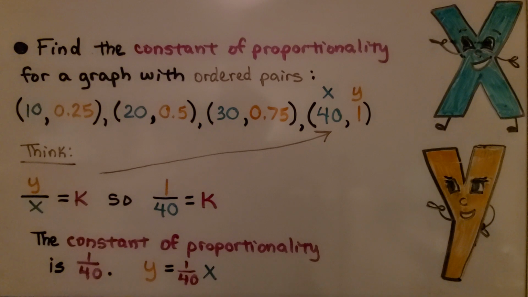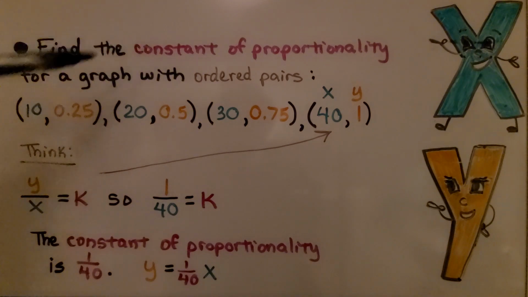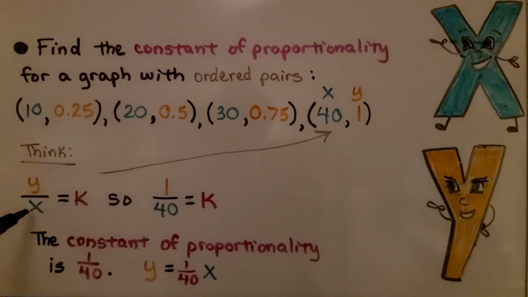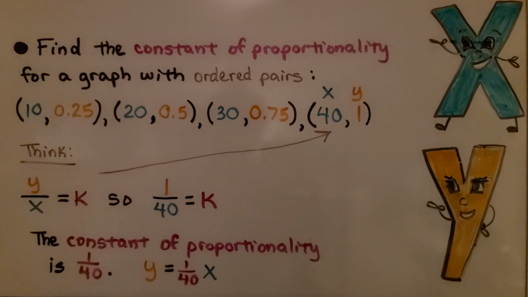So we think we can use y divided by x is equal to k. That is going to solve for k to help us find the constant of proportionality. So we can write 1 over 40 as y over x. We know 1/40th is equal to k. The constant of proportionality is 1/40th. We have y is equal to 1/40th x.